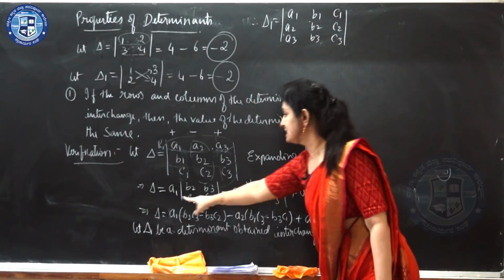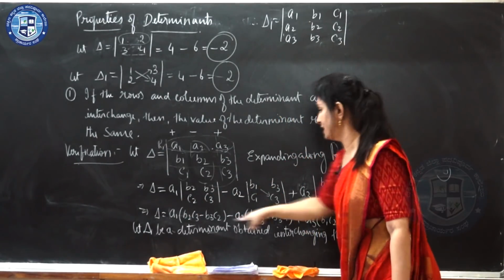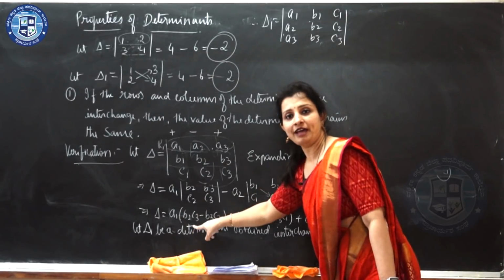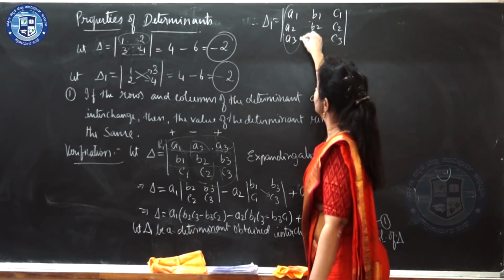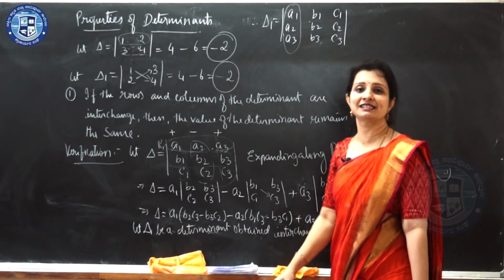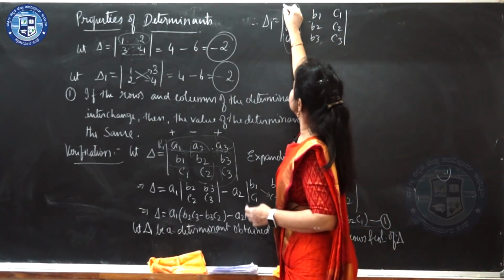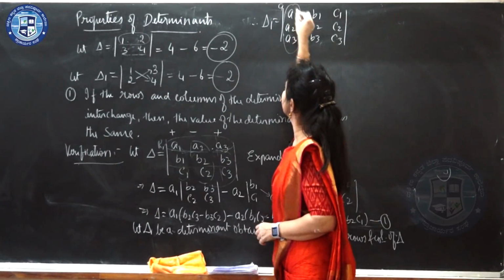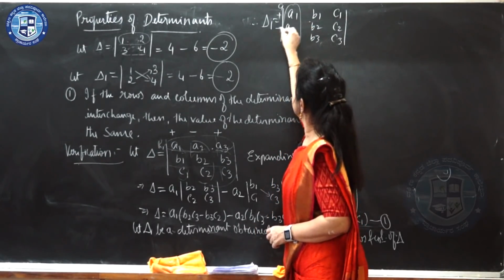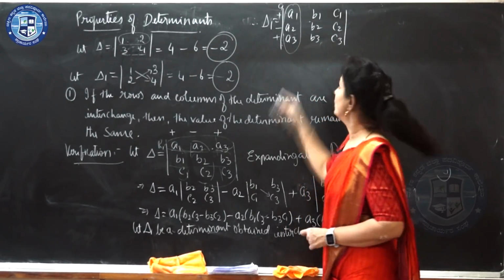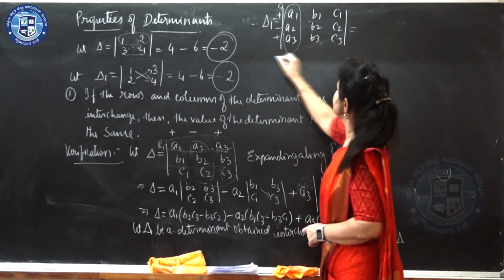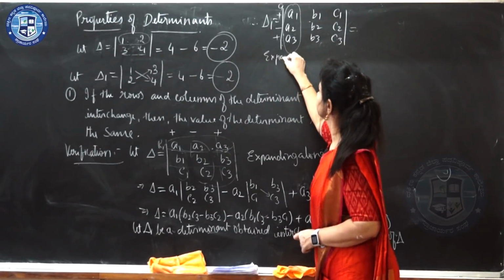Since A1, A2, A3 are outside the factors, we will expand it along the first column, students. If we expand it along the first column, first you write the signs plus, minus, plus. Now expand it along the first column.